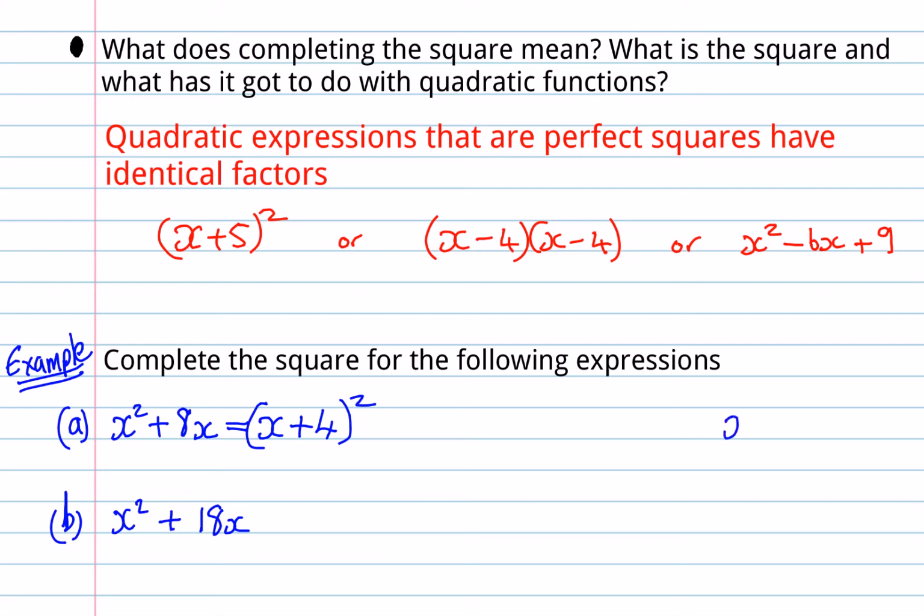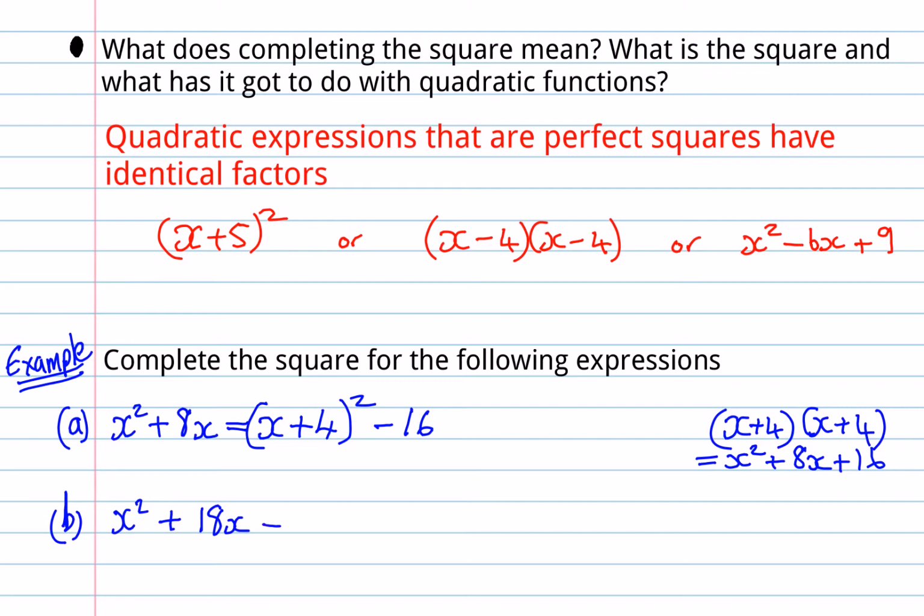Now if we left it like this, that would be x plus 4 times x plus 4, which we know equals x squared plus 8x plus 16. Now that is very close to what we have here on the left hand side, except there's a plus 16. So what we must do here for this side to equal this side is subtract 16.